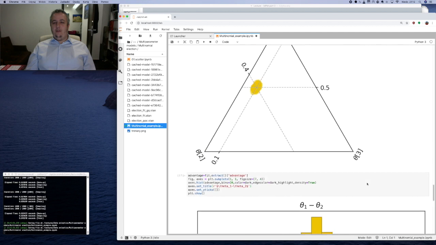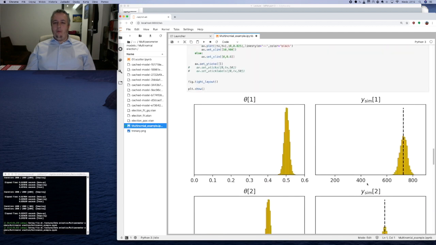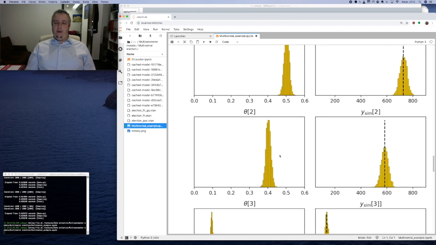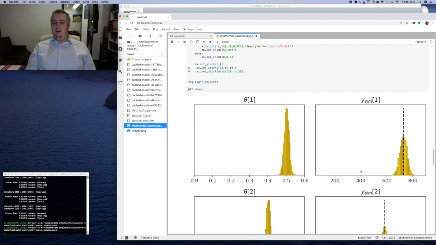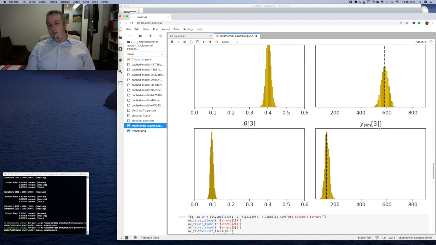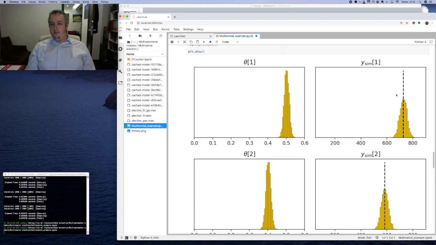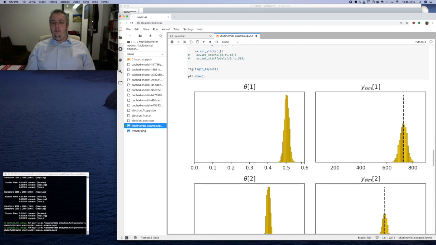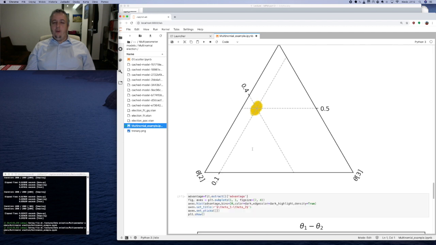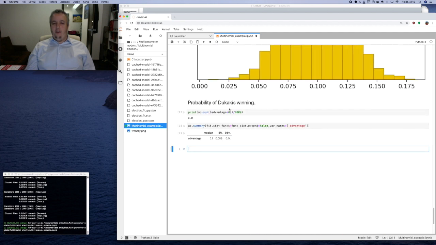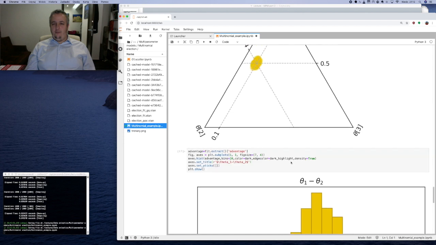Using this model, we sampled both parameter values from the posterior and values of the predicted outcomes. Predicted outcomes correspond very well to the original data. We got our confidence intervals for our parameters, for our predictions, and for our prediction regarding the advantage of Bush.